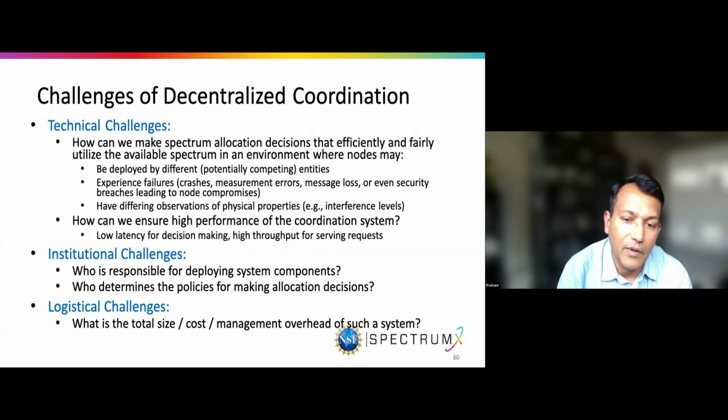Not only do we have this problem of different entities offering these coordination services, we also have potential problems with fault tolerance, where the infrastructure that has been deployed in order to make coordination easier and to make it trustworthy can experience crashes. There may be all kinds of errors like measuring interference. There could be security issues and compromises.